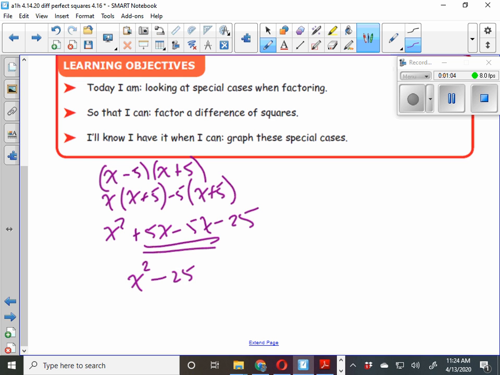As opposed to a perfect square, which is x minus 6 squared, or x minus 6 times x minus 6.